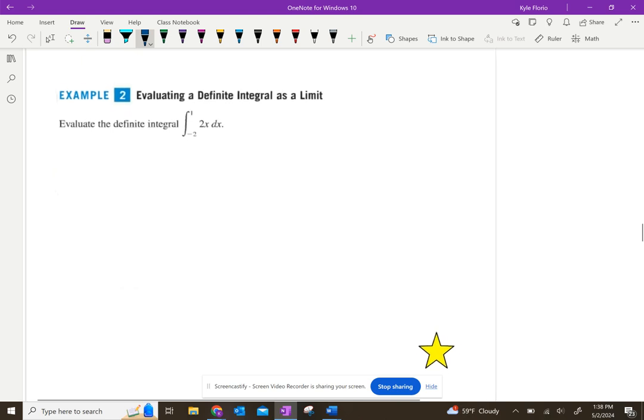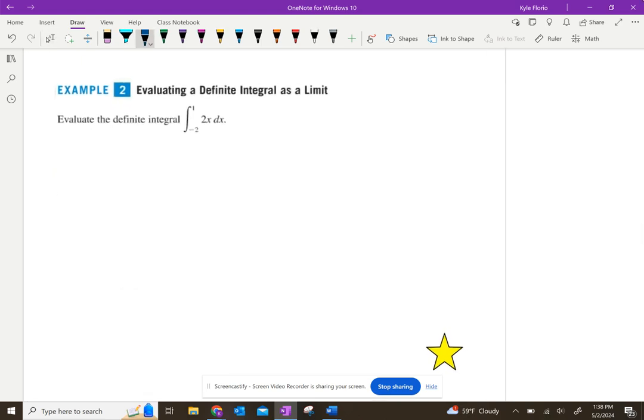So if I were to find the area or evaluate this definite integral, the integral from -2 to 1 of 2x dx, that's equivalent to taking the limit.